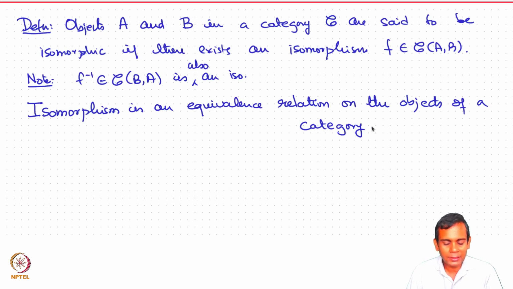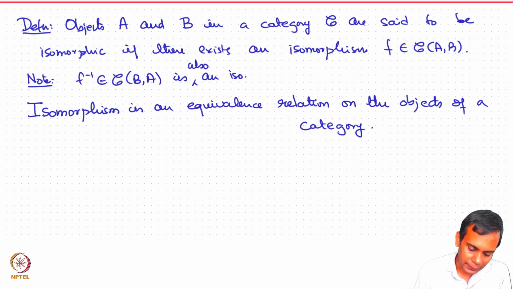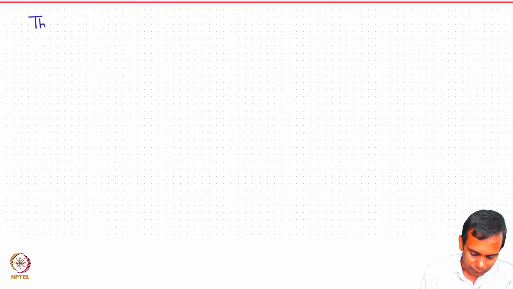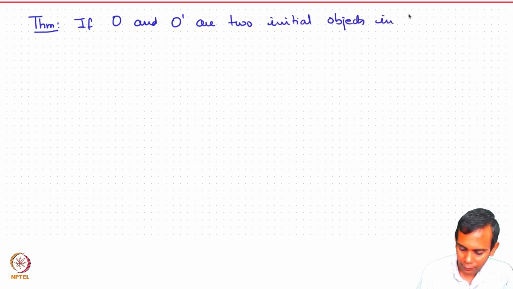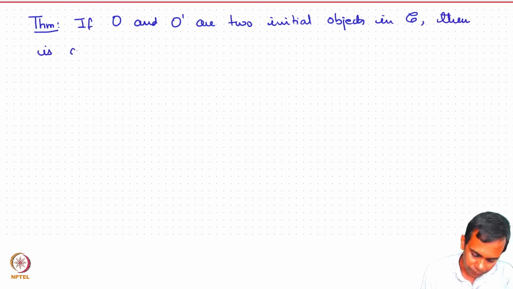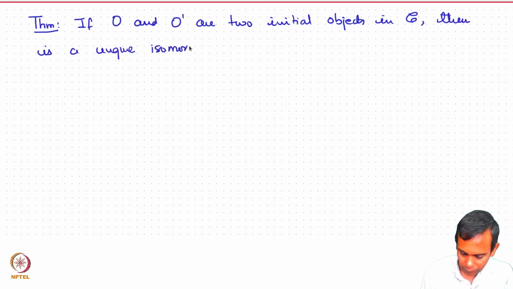Now, initial and terminal objects have a very special property. So let me state it. Theorem. If 0 and 0 prime are two initial objects in C, then there is a unique isomorphism from 0 to 0 prime.